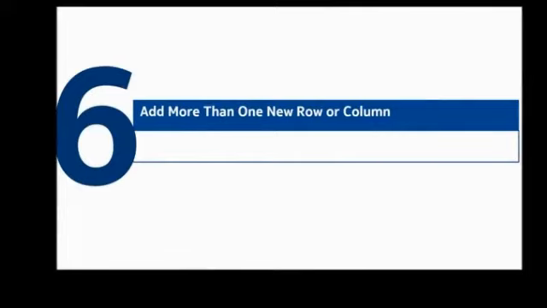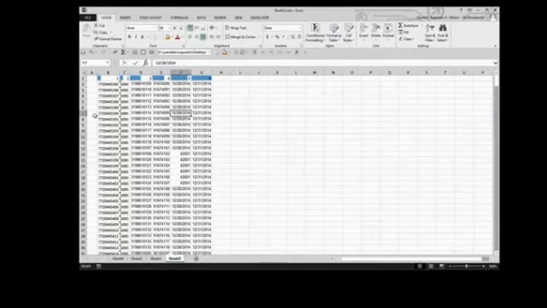Now I believe you can imagine what can be the utility of this particular diagonal line. Then we can add more than one new column or row. Yes, it is irritating to click one line and add another one and then go for another column or row by selecting, clicking insert, and then insert. It's really irritating. So the easier way, I will show you how you can do it.